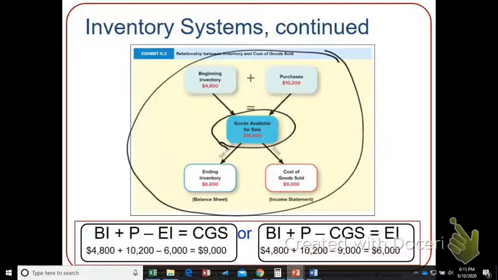But sometimes those not as good in math or having a hard time seeing the whole picture, when you leave that out right here, sometimes you have a hard time plugging to get that number. So I suggest you write out the whole formula like I just had it written, taking these two items, getting cost of goods available for sale, and then subtracting either ending inventory or cost of goods sold, depending on which one you have.